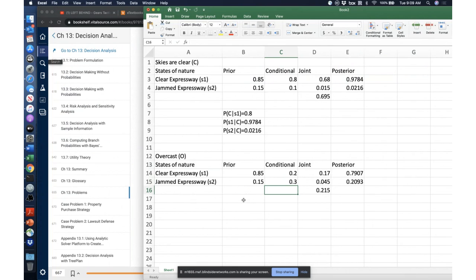Again, this is the probability that the sky was overcast, given that you first noticed that the highway was not jammed. That probability was 20%. Using that, we calculated the probability the other way around, which is the probability that the expressway is not jammed given that the skies were overcast.